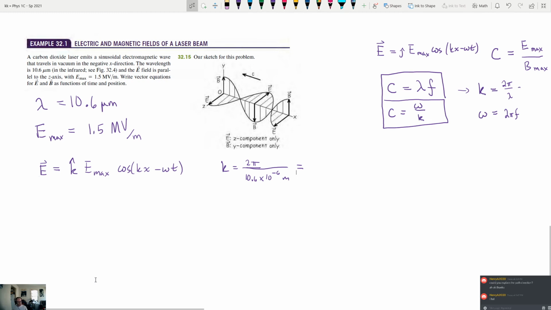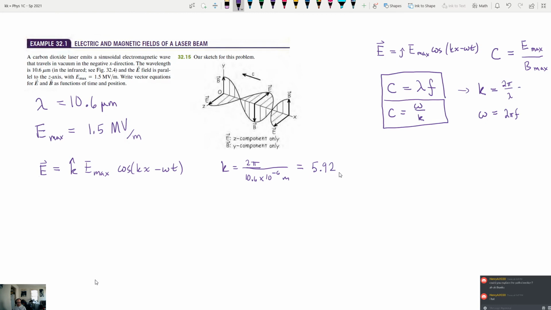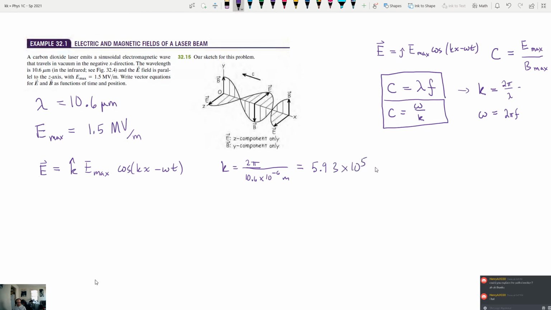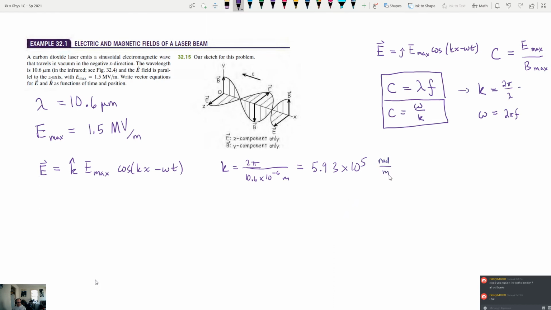I got 592,753, so it's about 5.93 times 10 to the 5. You could put meters inverse here; I'm going to put radians per meter. Okay, we got the value of k.